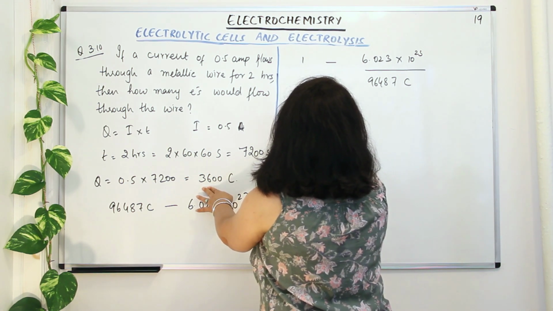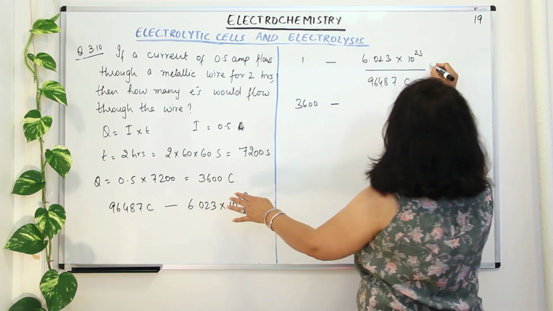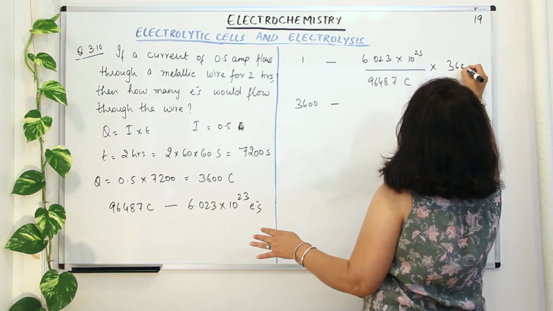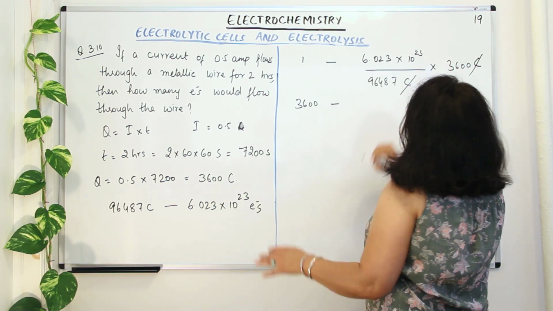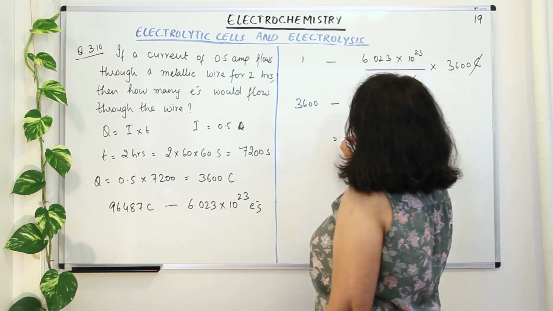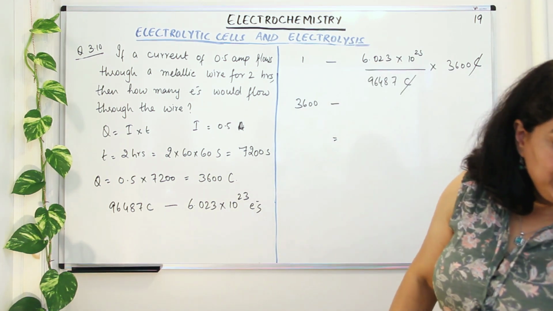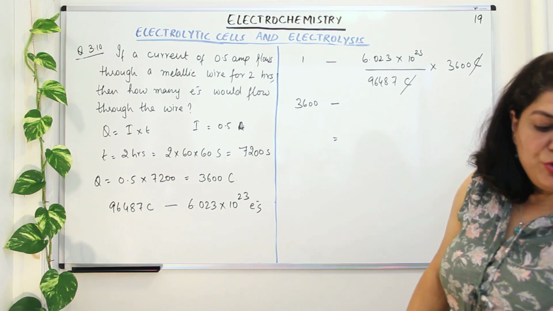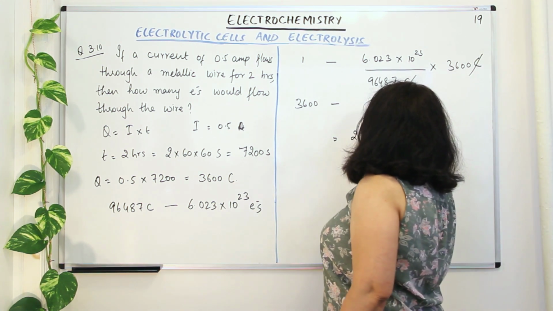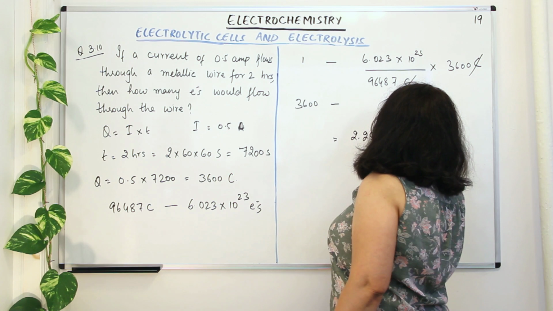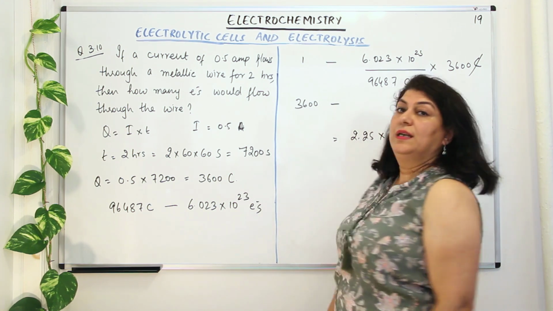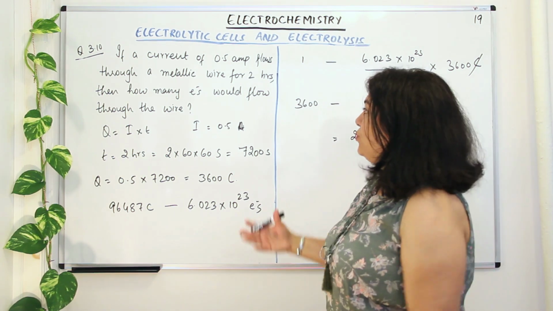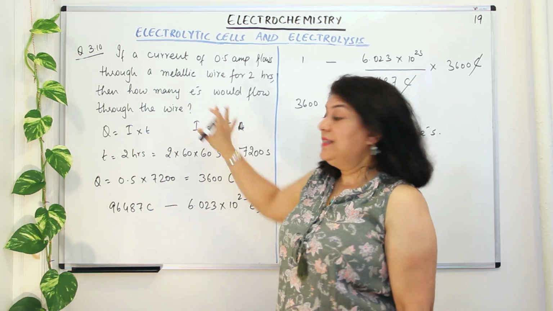And for 3600 coulombs, according to unitary method, you will multiply this by 3600 coulombs. So coulombs and coulombs will get cancelled, you'll get the number of electrons. And when you solve this, the number of electrons will turn out to be 2.25 into 10 to the power 22 electrons would pass through the wire, right?